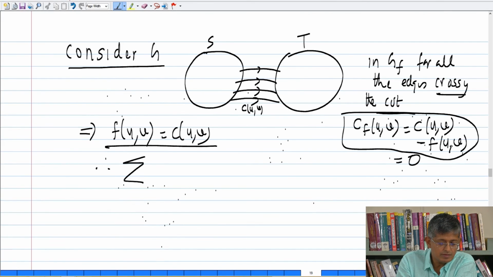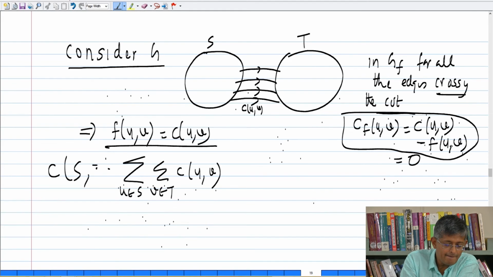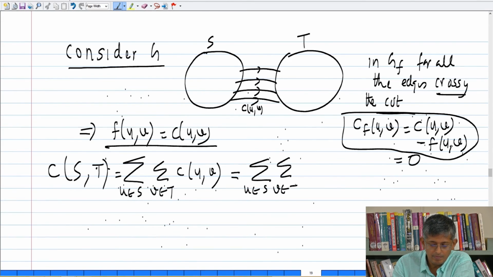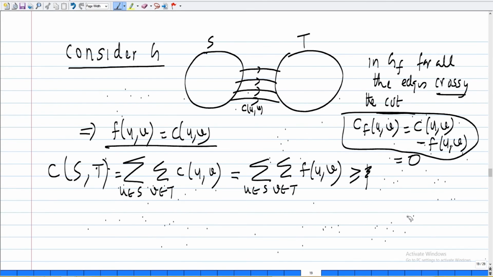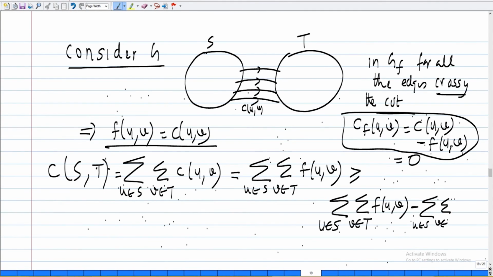Therefore, the capacity of the cut is equal to f of u comma v, which is greater than or equal to, well, I should not get lazy. Am I correct? Because I am subtracting a positive term.